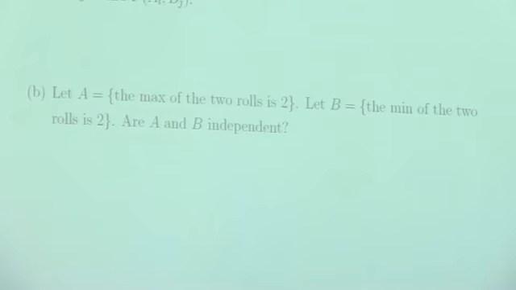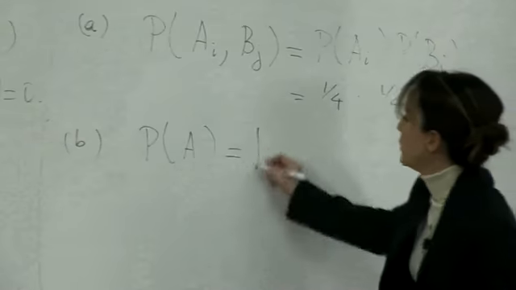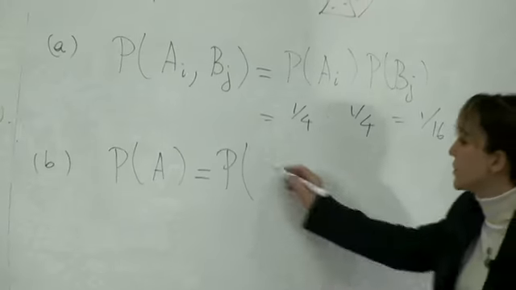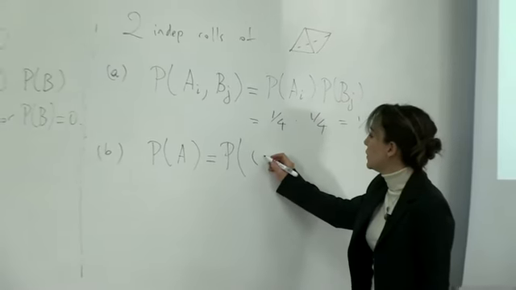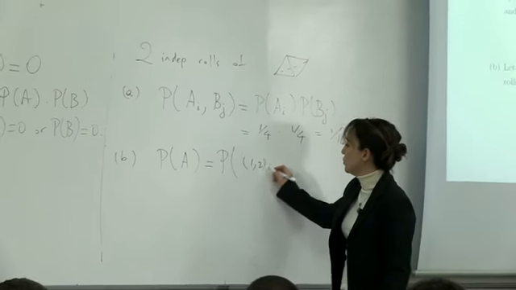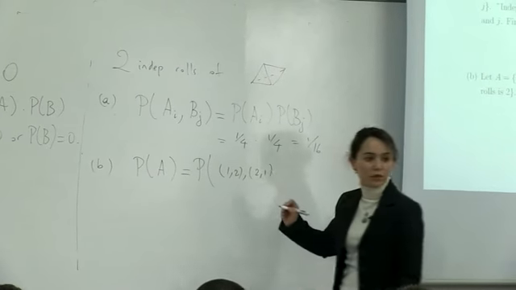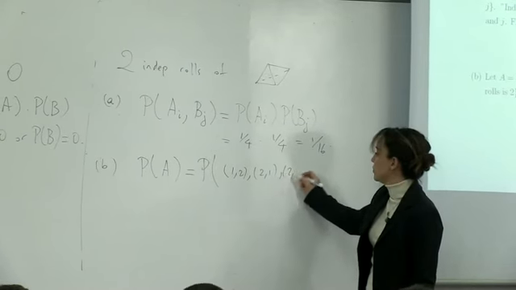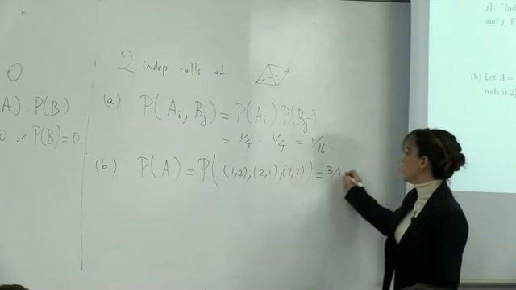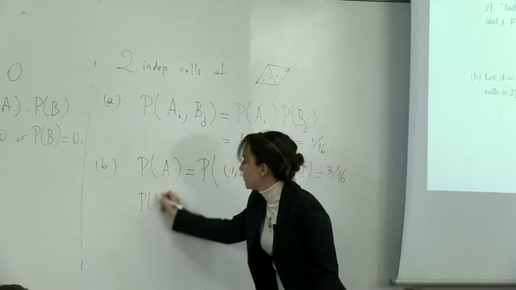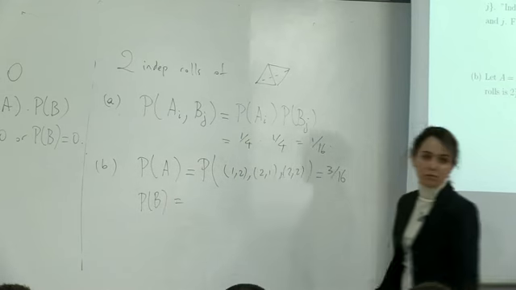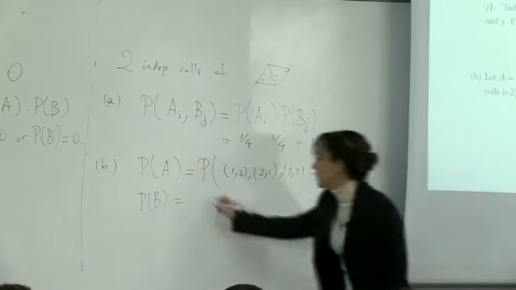So let's check this. Event A: P of A is the probability of the outcomes where the maximum is 2. So we need to have 1, 2, or 2, 1, or 2, 2. And the probability is 3 over 16. P of B, the minimum of the two rolls being 2.